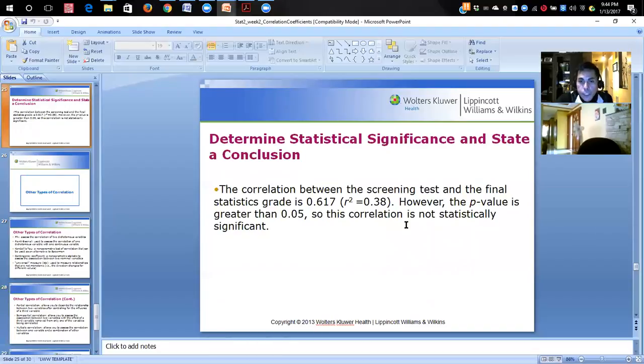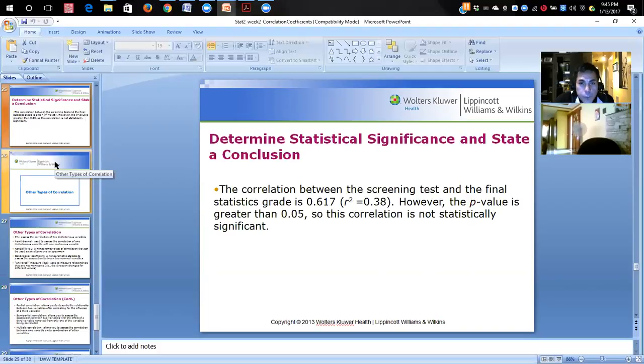I think in this example, the final statistical grade is 0.617.